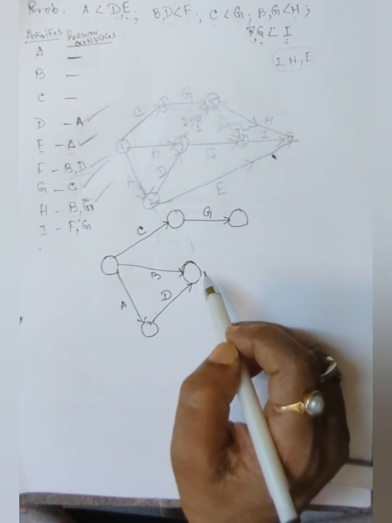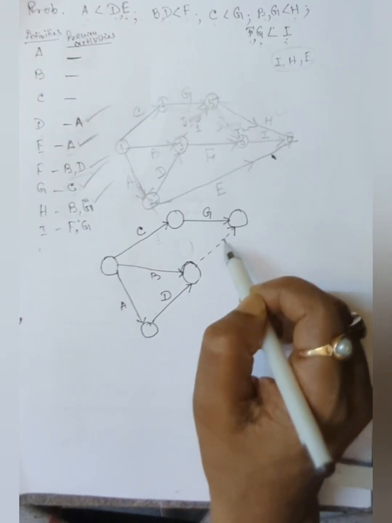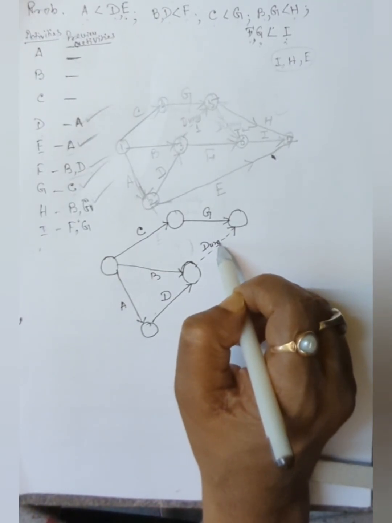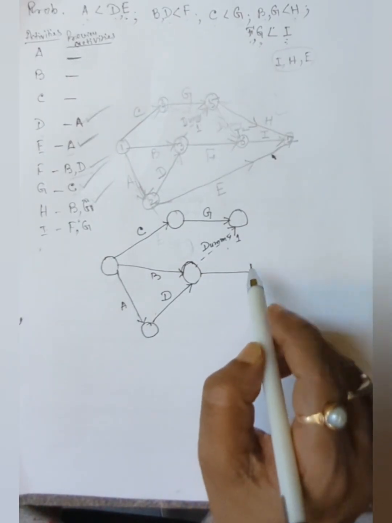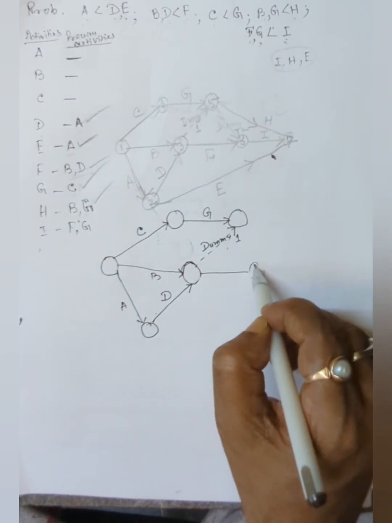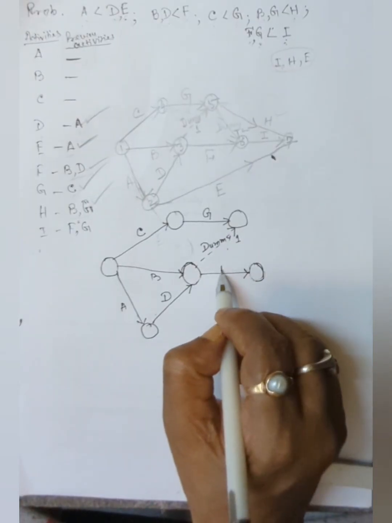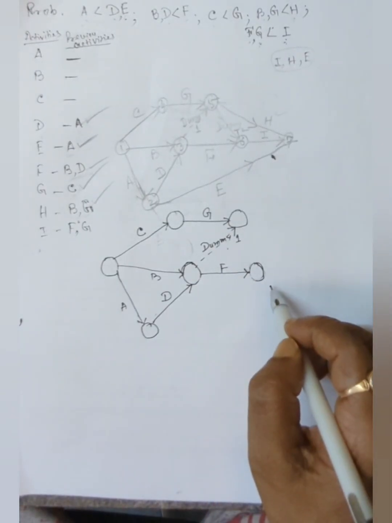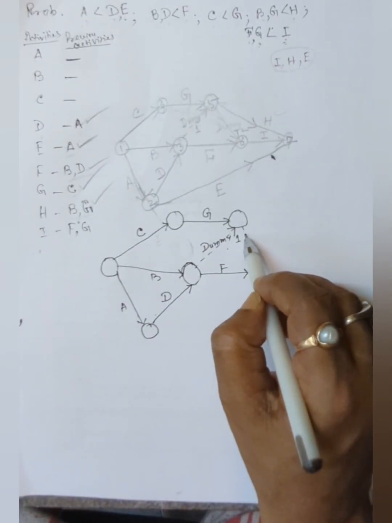And this is just a rough one, and this is dummy 1. Now here is F. Again, to maintain the relationship, one other dummy is required.